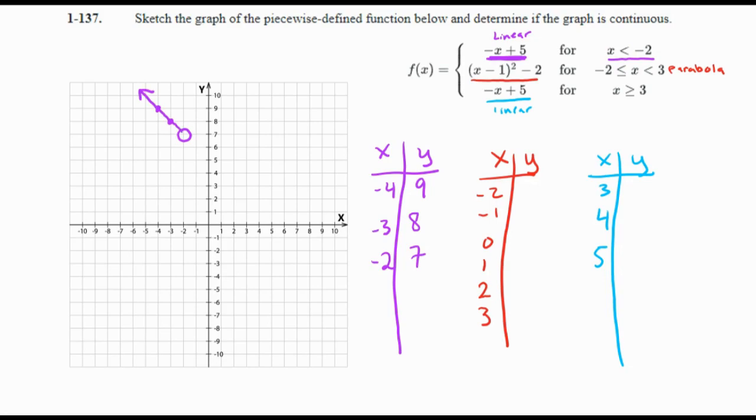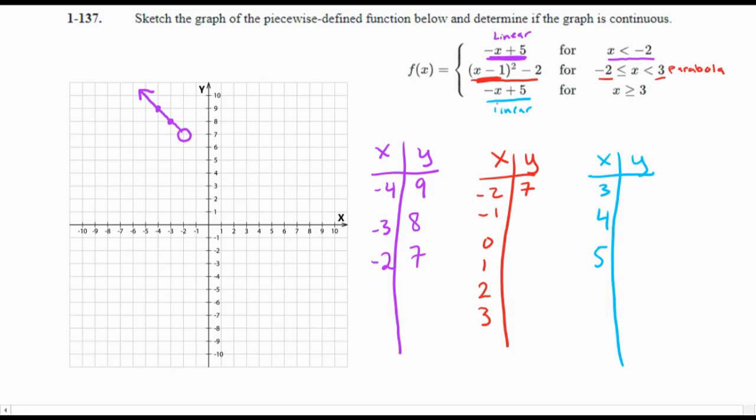Next, I'm going to plug these numbers into my quadratic here, which remember, again, I chose numbers from -2 to 3, and I included those numbers because I want to see what's happening at those points. If I plug in -2 into this function, -2 minus 1 is -3, squared is 9, minus 2 is 7.